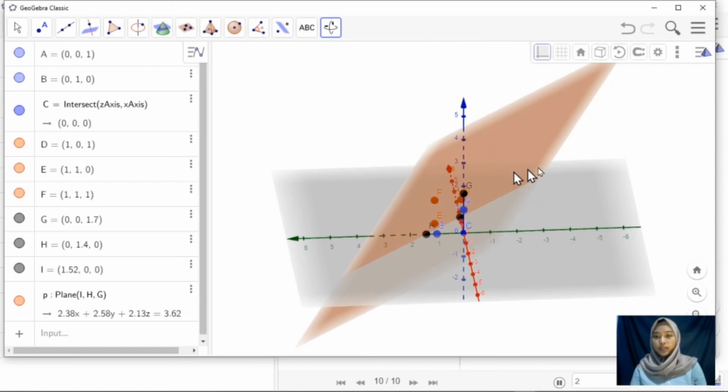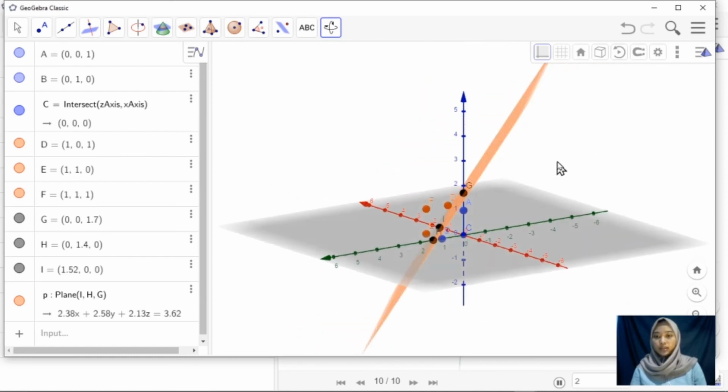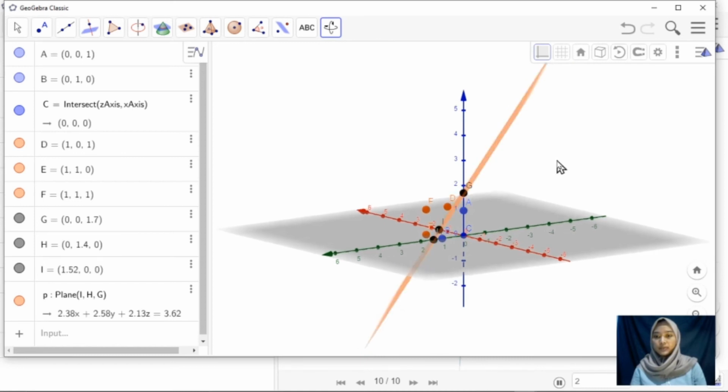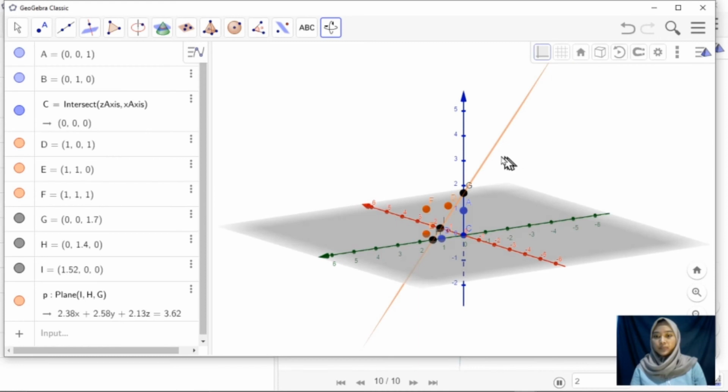If we see it from the side like this, the plane is divided into class A and class B.